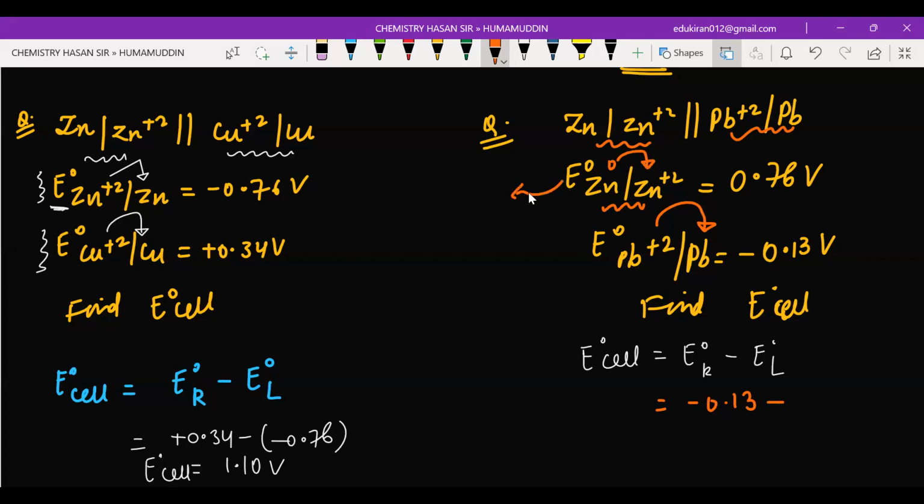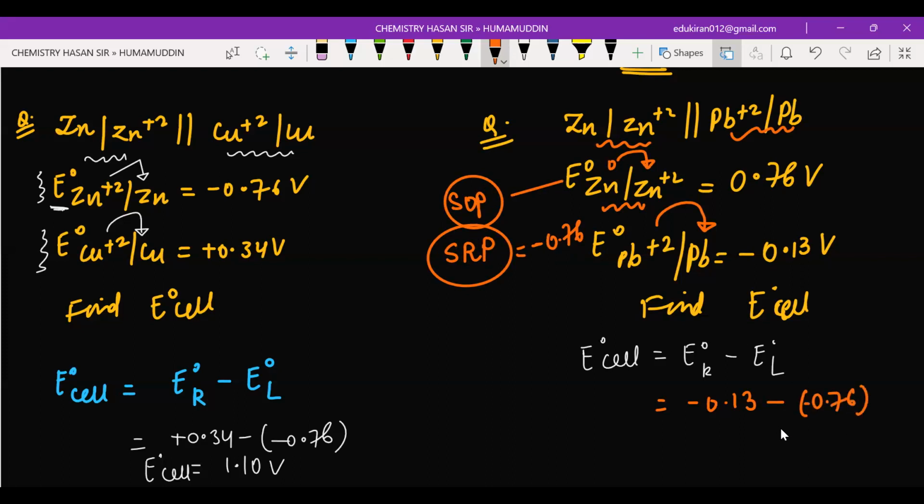That means this is your standard oxidation potential value given. If you want to know the reduction potential, you need to change the sign of the value. So the value will be 0.76. Are you getting my point? Yes, sir. And hence it will be, sorry, plus 0.63.